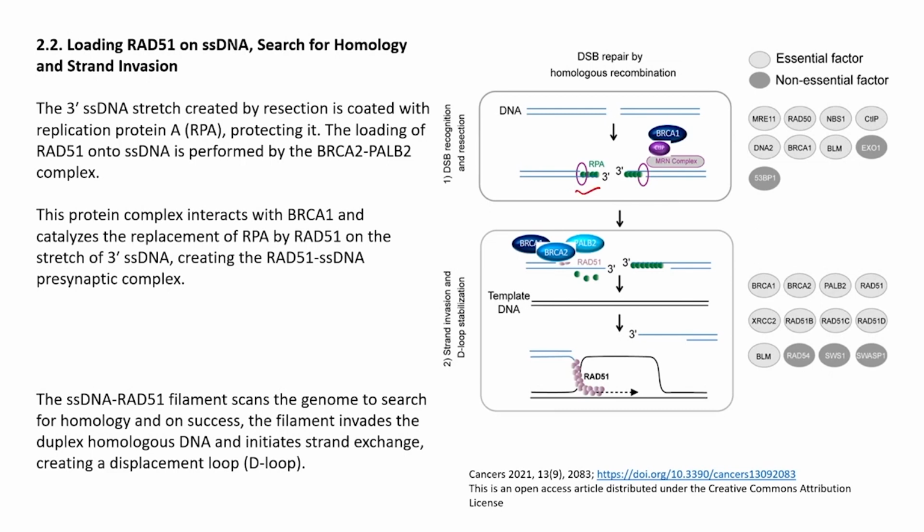You can see here the involvement of the RPA proteins. The loading of RAD51 on the ssDNA is performed by the BRCA1 PALB2 complex. Okay. So, you have the BRCA2 PALB2 complex over here, sorry, not this one, here.